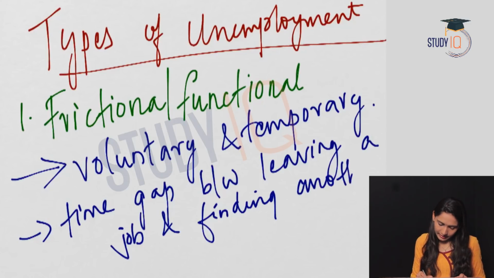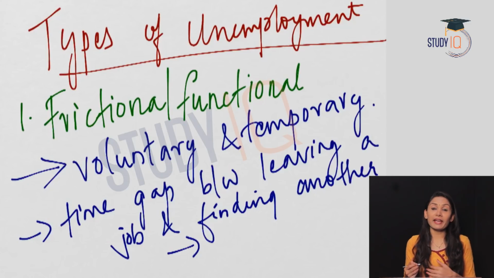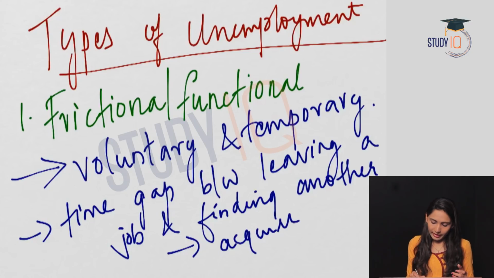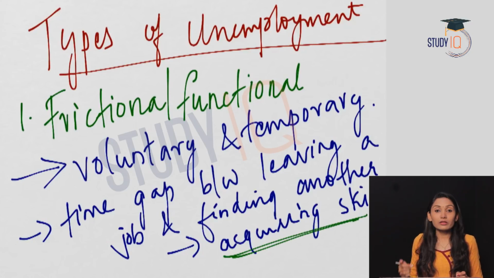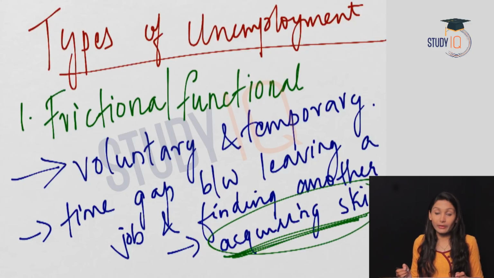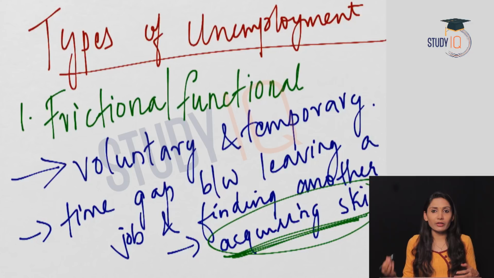This time lag can be for acquiring new skills. So this is a desirable type of unemployment in the economy, that is, acquiring new skills and finding new prospects.